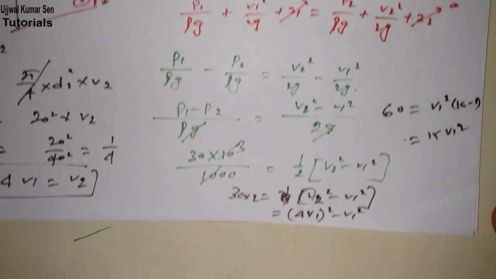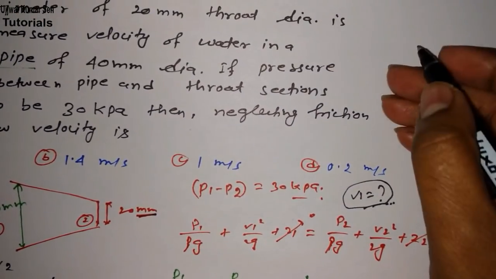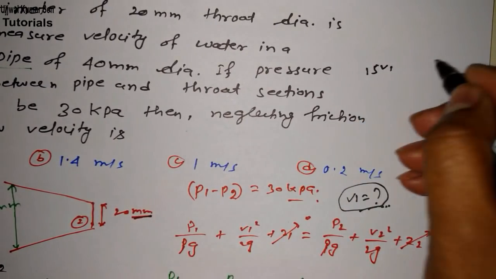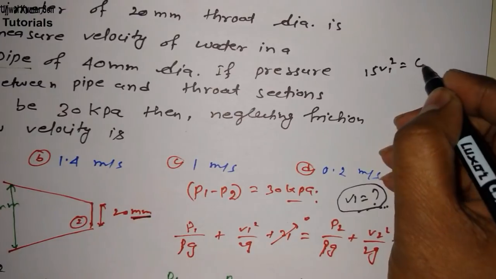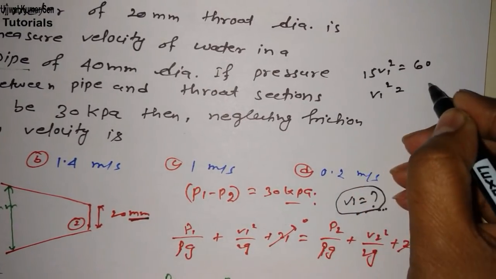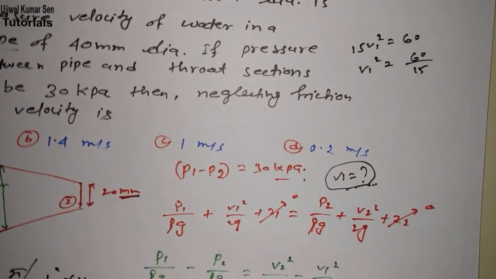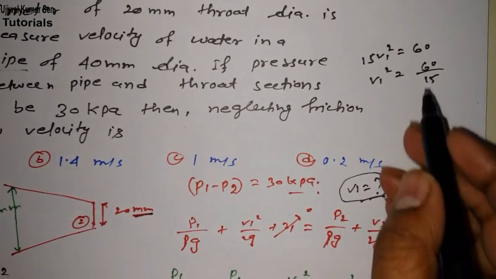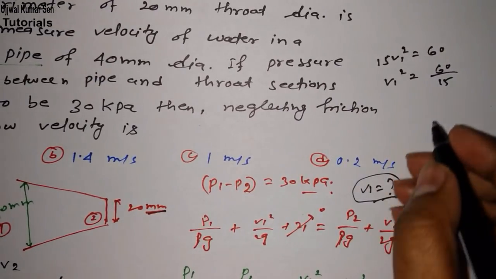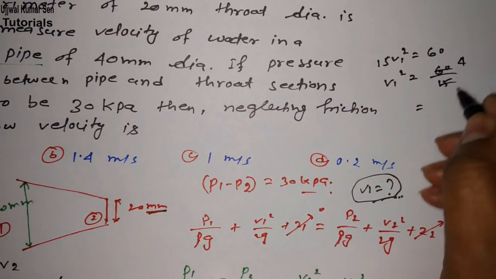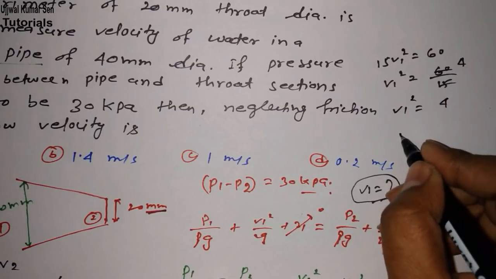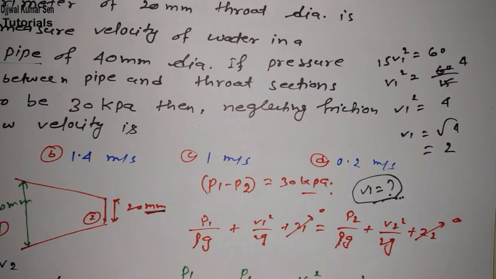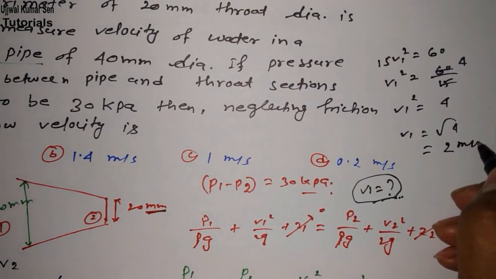So the equation is 15 V1 square is equal to 60. So V1 square is equal to 60 by 15, which is 4. V1 is equal to root under 4, it's 2, right? Now 2 is what? It's meter per second.